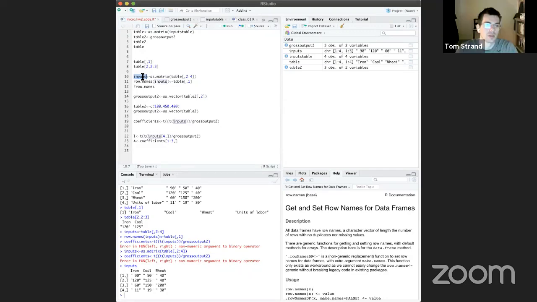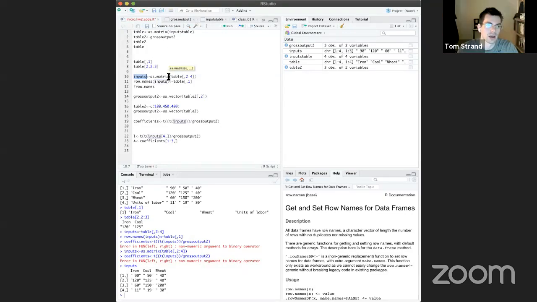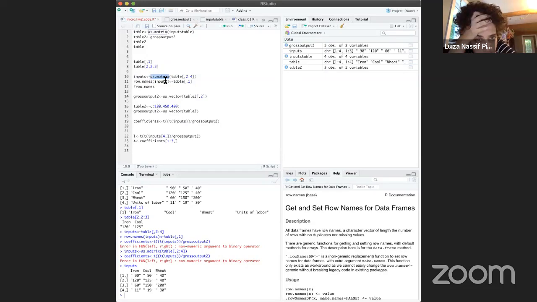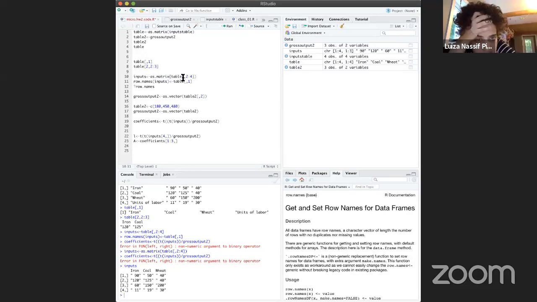I didn't use the as.matrix function, and it worked for me. For line 10, I used just inputs arrow table. Yeah, I had that before. So do as.numeric on that instead of as.table, as.matrix, sorry.